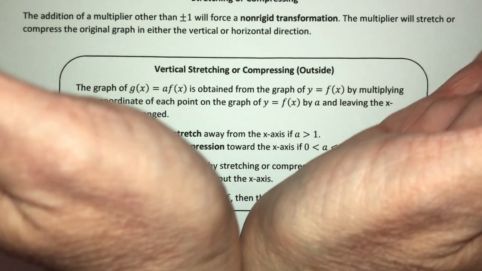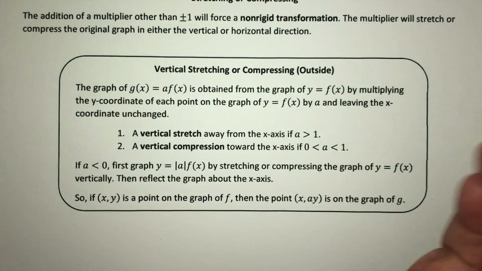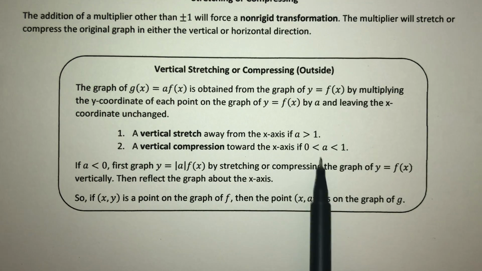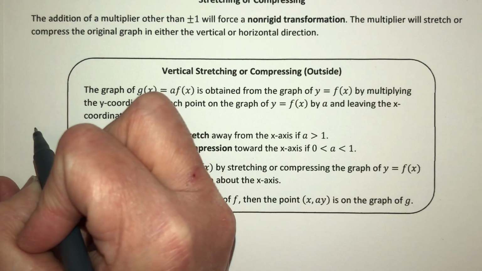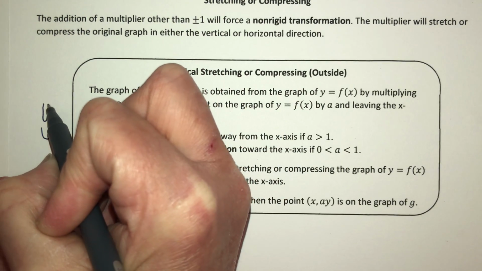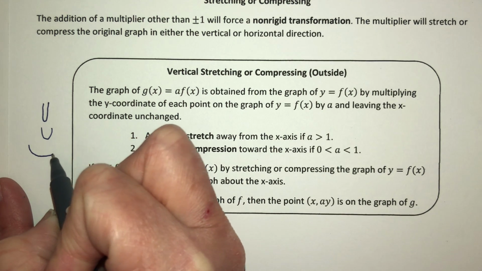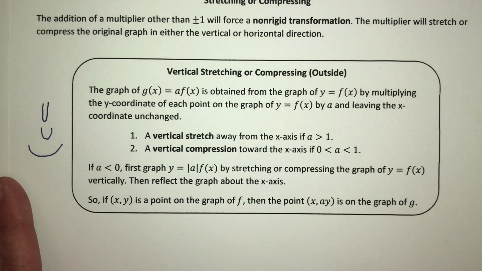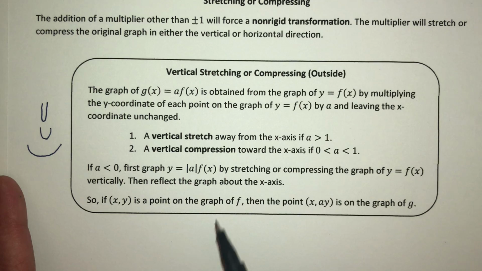A vertical compression, like this, is flattening it out. It would take it and make it go flatter, and I realize how far zoomed in I am here, and that's not working as well as it would in normal class, and I apologize for that. But if you're multiplying by a fraction, then it ends up being compressed and flattening out. So we're talking about the difference between a shape like this, a shape more like this, and a shape like this. Okay?